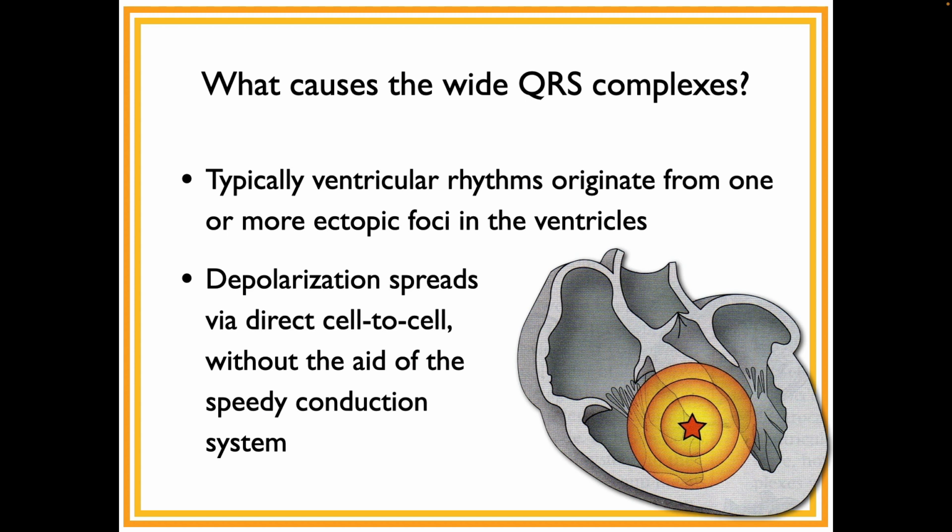To get on the speedy conduction system, the impulse has to come down through the AV node. If you start in the ventricles, you can't come down through the AV node because you're starting below it. So the ventricles will still depolarize, even though the pacemaker is in the ventricles, but it's slow. It's that slow myocyte to myocyte depolarization, not the speedy conduction system.